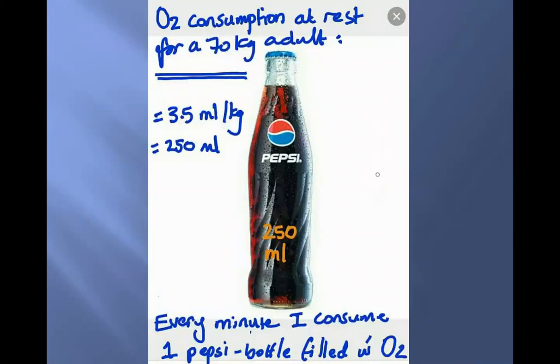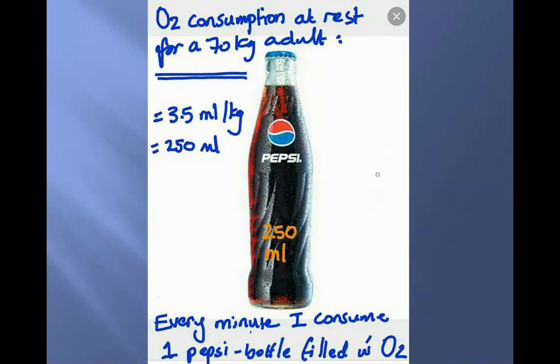The oxygen consumption in a 70 kilogram adult, at a rate of 3.5 ml per kg, means 250 ml. So every minute the body consumes about 250 ml of oxygen, and this oxygen is carried by the blood volume.